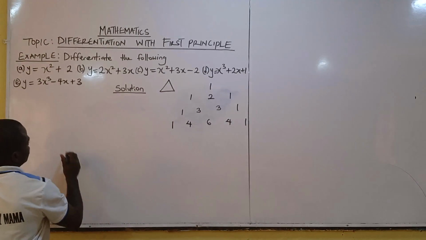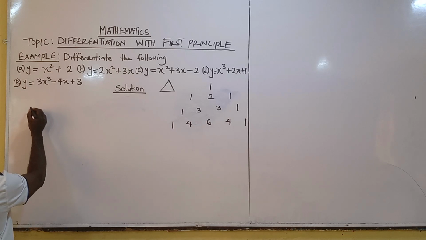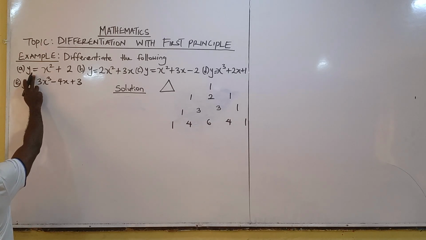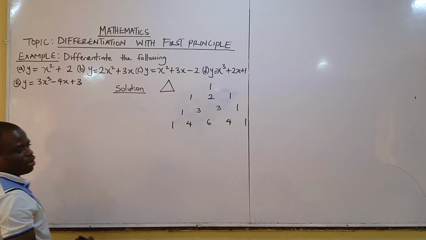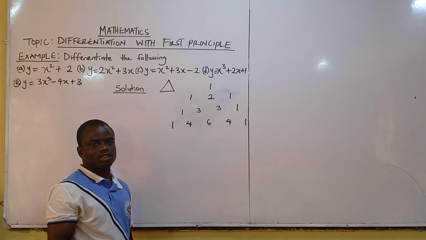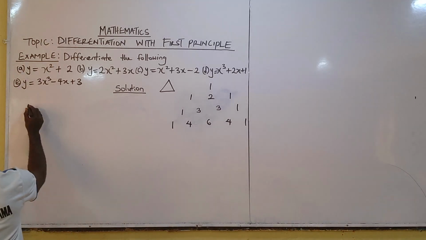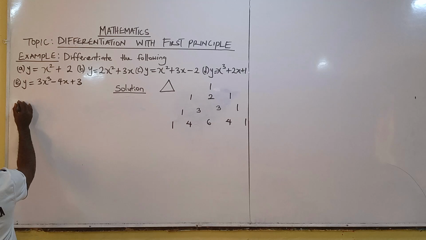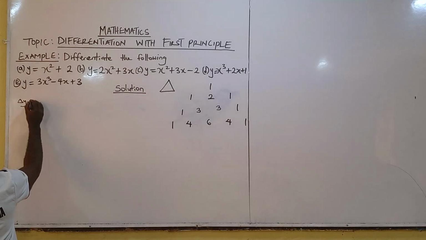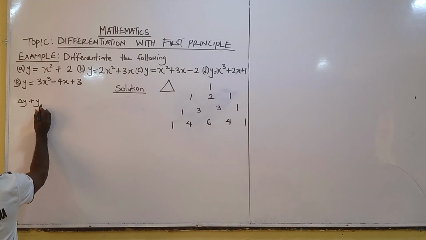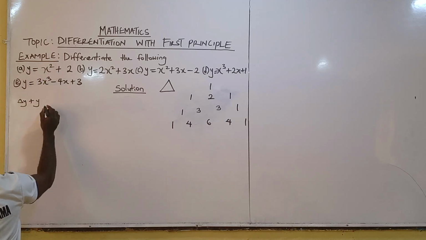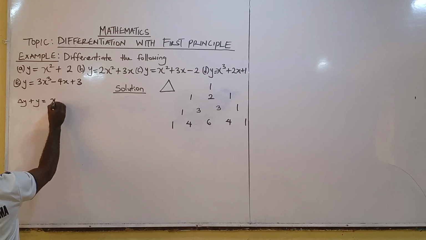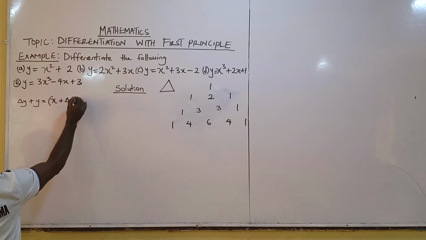Now let's see. We want to differentiate y with respect to x. We are going to introduce the change in y and the change in x. Change in y plus y equals x plus change in x, delta x, now squared.